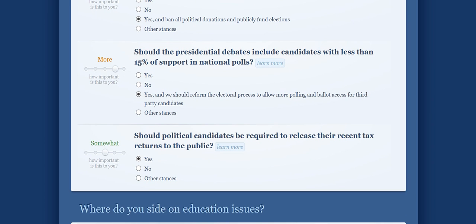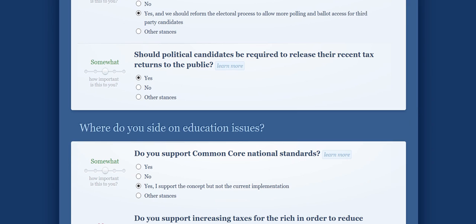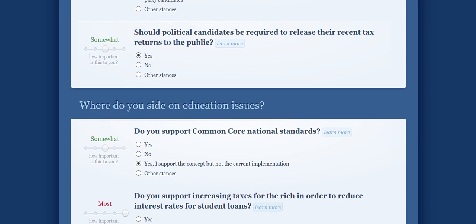Should political candidates be required to release their recent tax returns to the public? Yeah, sure. I mean, it should be total transparency for top government officials. Save, of course, I'm not saying they should be forced to show us their naked pictures. Of course not, but you know what I mean. There should be transparency as much as possible within the government because we hire them.